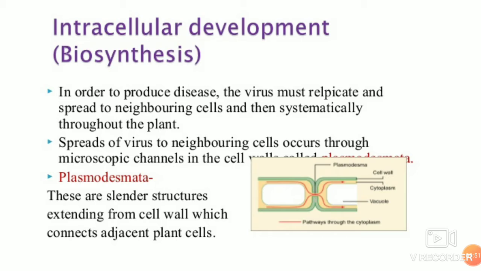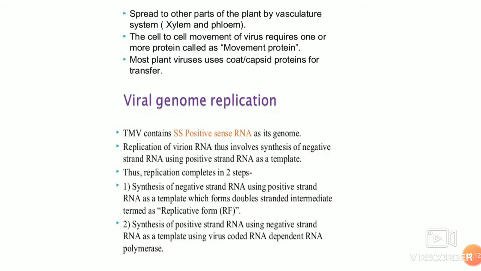In order to produce disease, the virus must replicate and spread to neighboring cells and then systemically throughout the plant. Spread of the virus to neighboring cells occurs through microscopic channels in the cell wall called plasmodesmata. These are slender structures extending through the cell wall which connect adjacent plant cells.